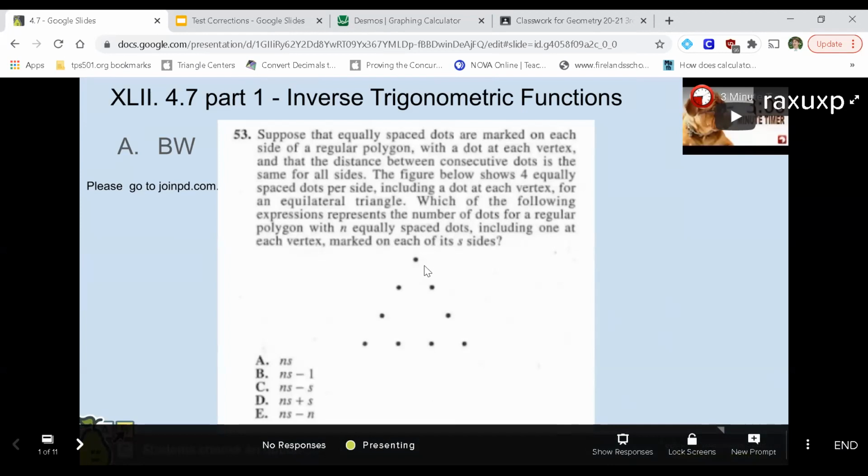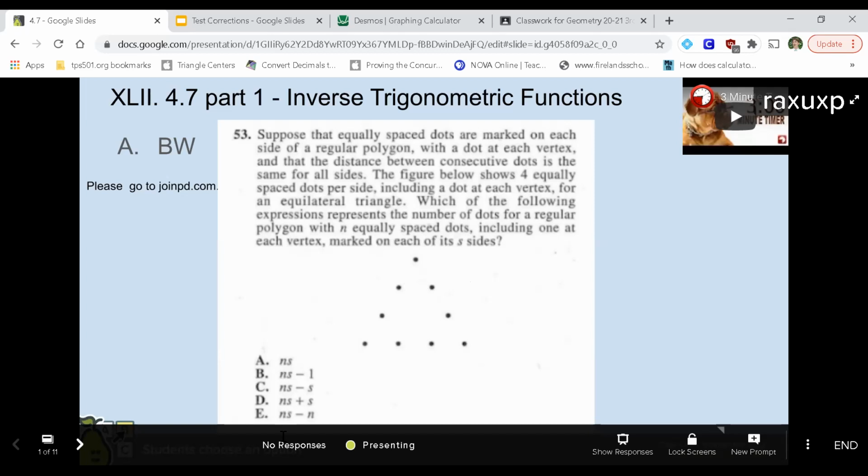So supposedly these equally spaced dots are marked on the sides of a regular polygon with a dot at each vertex. The distance between consecutive dots is the same for all sides. The figure of this one shows 4 equally spaced dots for a triangle.